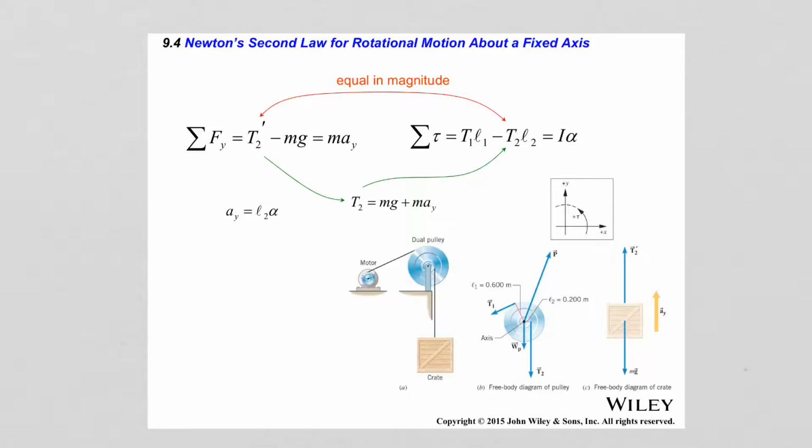And for the pulley, we have that the net torque is equal to the torque of tension 1 times the torque arm, or lever arm, minus tension 2 times its lever arm, and that should be equal to the moment of inertia times the angular acceleration.